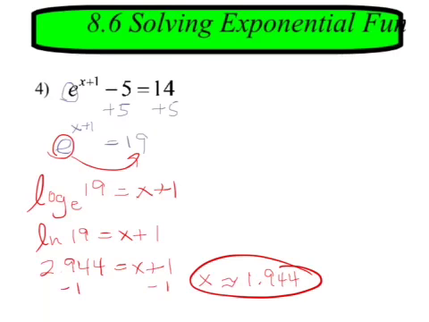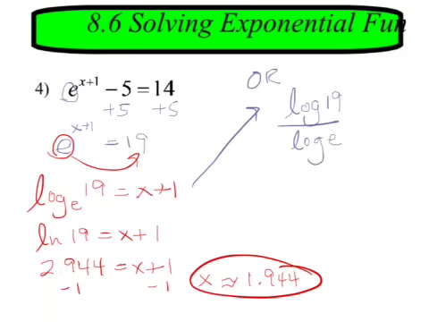But if I forgot that that log base e is the natural log, I can just use my change of base, log 19 over log e, type that into my calculator, and it should end up being the exact same number with the exact same equation. We should get the same answer regardless of how we do it.